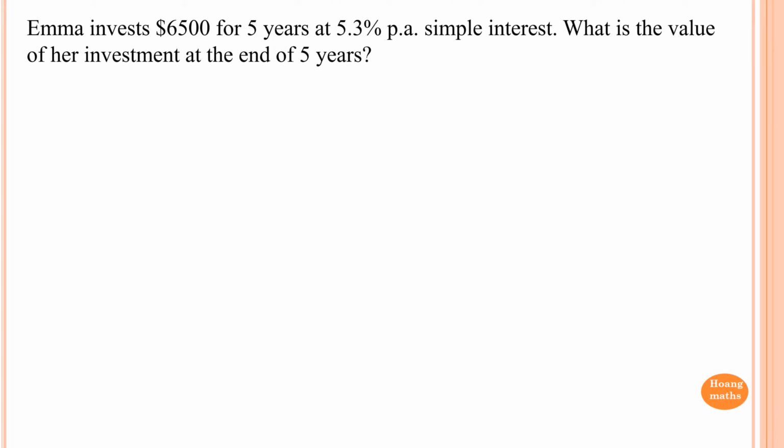Okay, so you know that it is simple interest. I equal PRN. So the interest is P, which is $6,500. You times by the interest rate, which is 5.3%, meaning per 100, and times by N, which is 5 years.